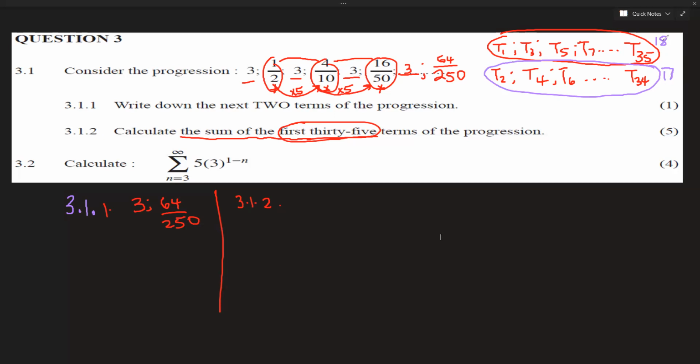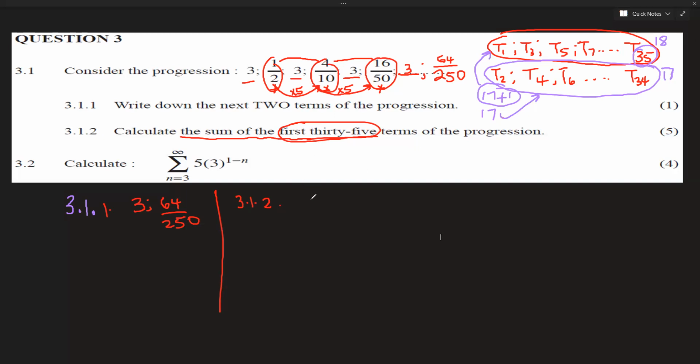Remember how I got it: the one closest to 35 that is part of the even pattern is position 34. Because I have two patterns, I divided by 2, getting 17 odd and 17 even. But 35, which follows, also goes with the 3s. So I have 18 of those and 17 of the other.